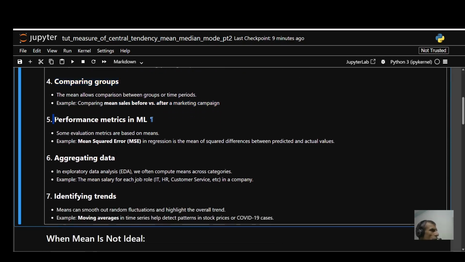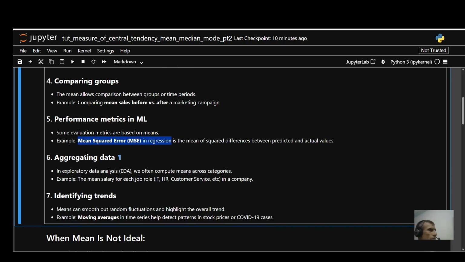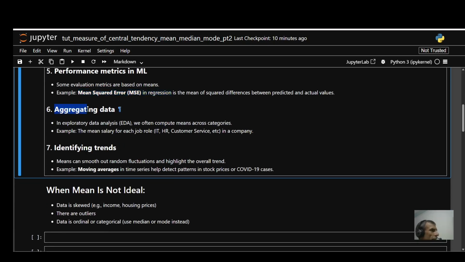Also, for performance metrics in machine learning, some evaluation metrics are based on the mean. So you check whether your machine learning algorithm is doing good or bad based on the mean. One of them is mean squared error in regression. Another one is aggregating data.